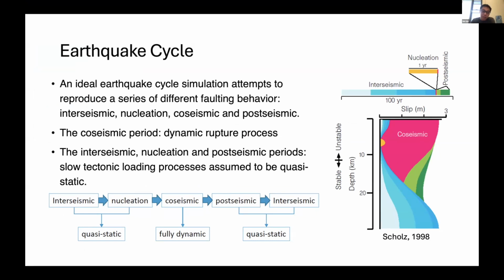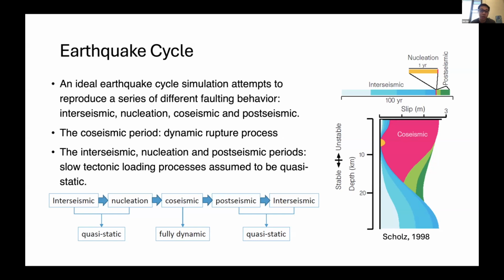And of course, we want this code to be more powerful, to become the ideal tool to simulate the earthquake cycle, and also allow the simulation to be spontaneous, which means we don't need other prescribed conditions to push the model to move. We want it to move spontaneously according to some initial conditions.